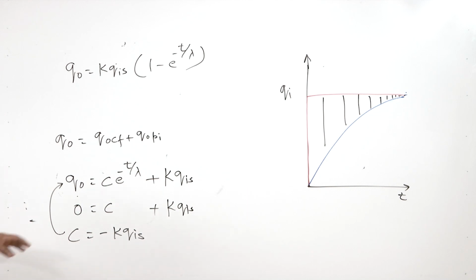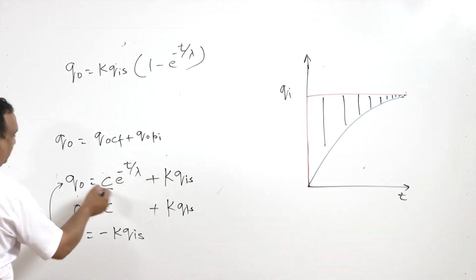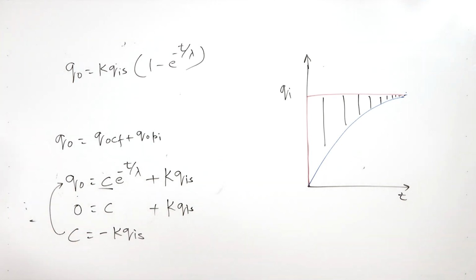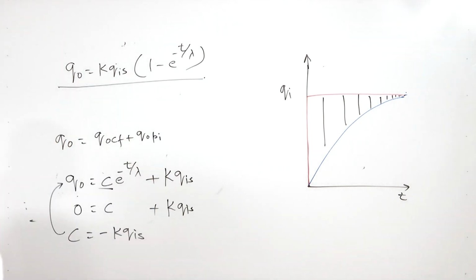Because from here we have derived the value of C, and by putting it in this equation, since there is only one unknown, one boundary condition is sufficient. In order to find this constant, we have just used the initial condition, and this is the final equation.